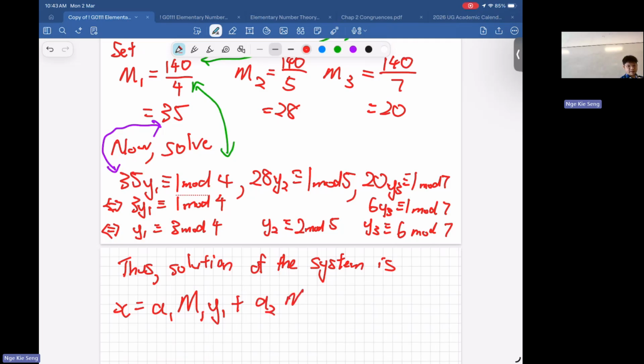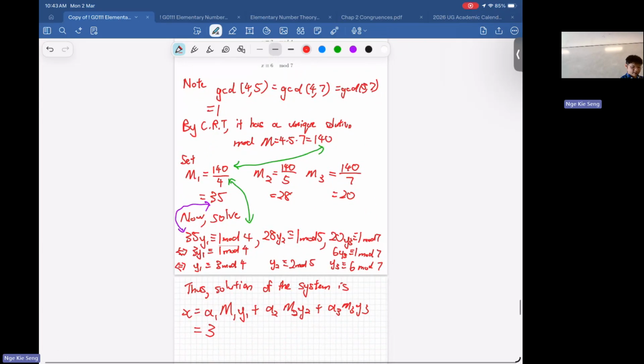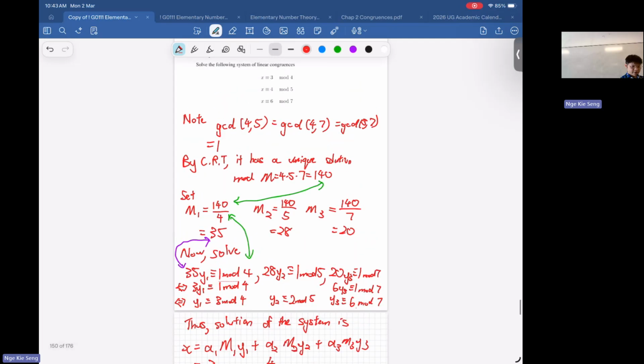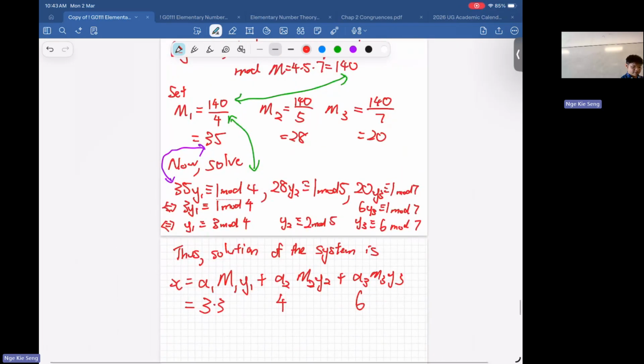And then you do the similar thing for all the other terms and add them up. You need to pick out what a1 is here. So a1 is 3, a2 is 4, a3 is 6, capital M1 is 35, capital M2 is 28, capital M3 is 20, and then put back your inverses.